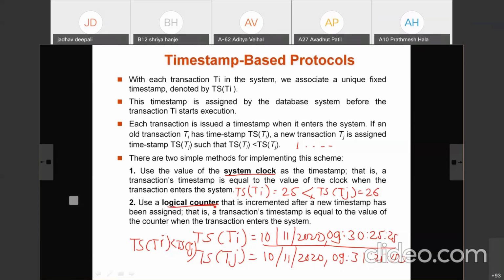Is it clear to everyone what is meant by timestamp? The protocol rules we are going to see afterwards. For each transaction, the system assigns a timestamp value denoted by TS(TI).